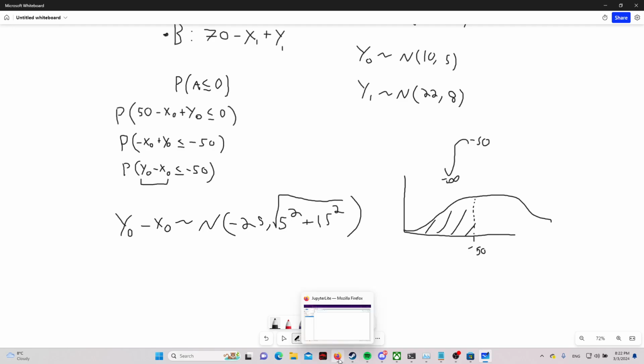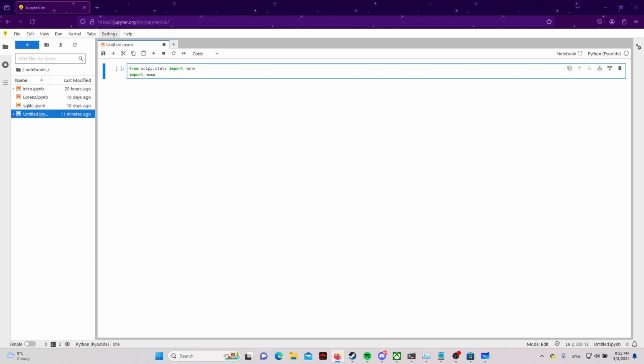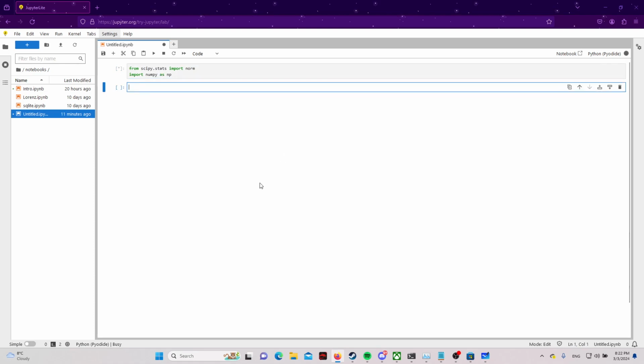So if we go into SciPy here, or into a Jupyter Notebook, here I'm just using a temporary notebook. I'm going to import SciPy, the normal distribution, and I'm not sure if I'll need NumPy, but I'll just import it anyways. All right, and then with this, we can get the norm.cdf.